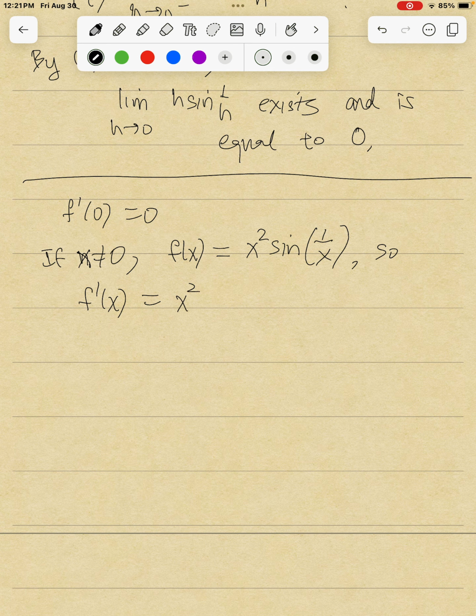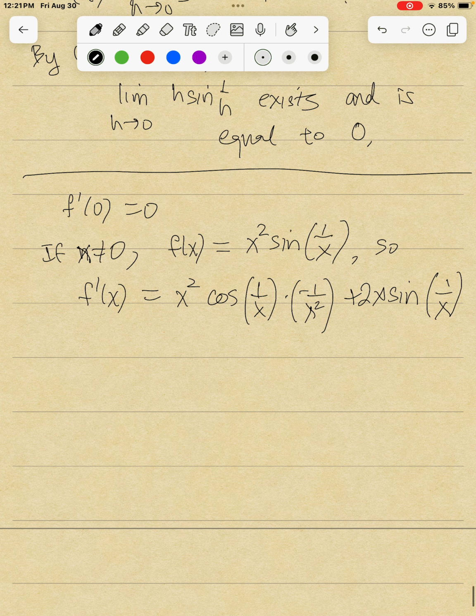We have to use the product rule. So it's the first function, x squared, times the derivative of the second, which is cosine of 1 over x, but then I have to multiply by negative 1 over x squared because of the chain rule. And then plus 2x sine of 1 over x. I can cancel out the x squareds, and so this gives me negative cosine of 1 over x plus 2x times sine of 1 over x.